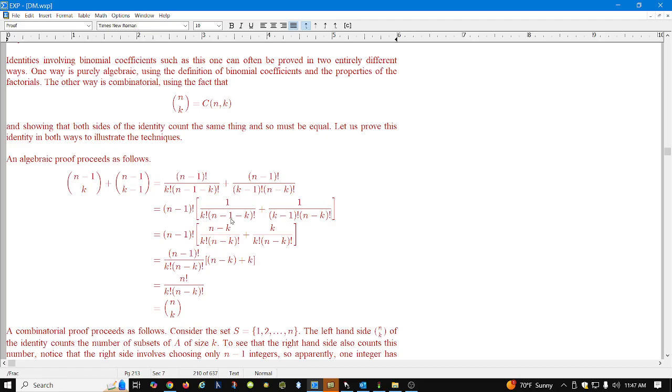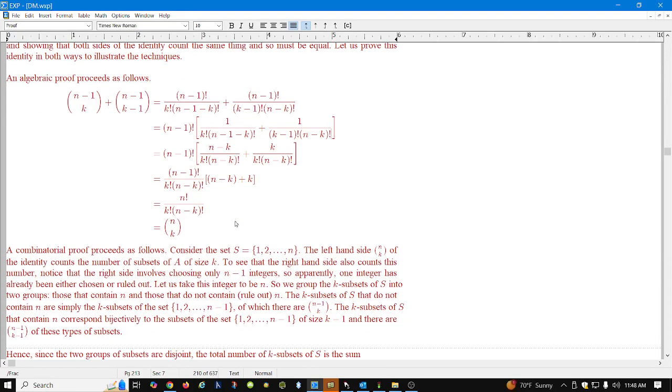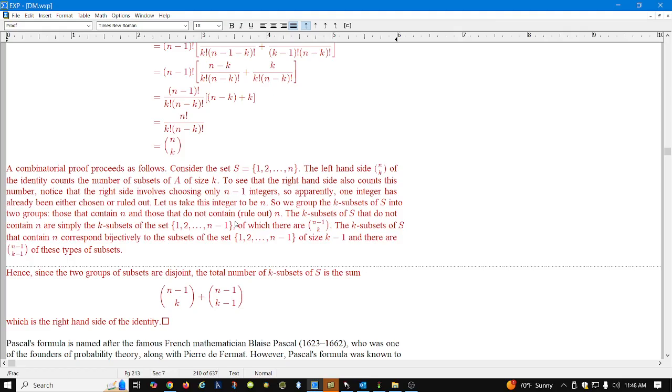And so we can raise this to n minus k by putting an n minus k in the numerator. Now we have the same denominator here as we have here, but we have to put a k up here to raise this k minus 1 factorial to k factorial. And now we can factor out the common denominator and simplify. Okay, so it's pretty routine. Combinatorial proof is much more interesting.